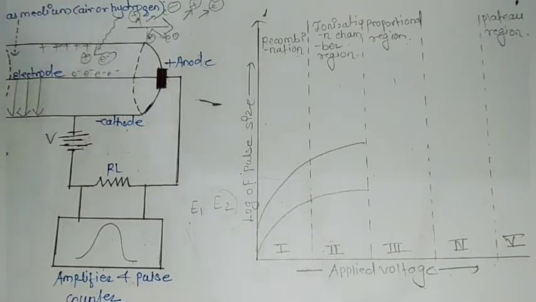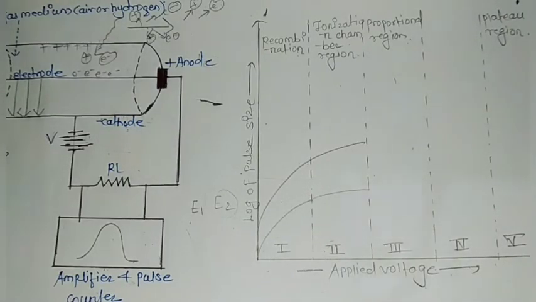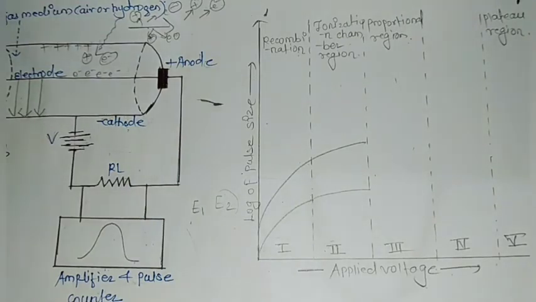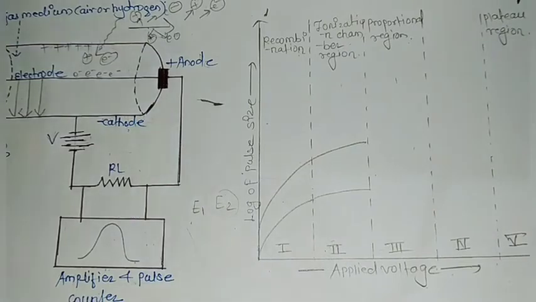Now, what is going to happen if we further increase the voltage of this particular system? If we further increase the voltage in this situation, a very different kind of behavior and mechanism is seen. What happens is that when electrons are created during the primary ionization, they are accelerated towards the positive anode of the system.